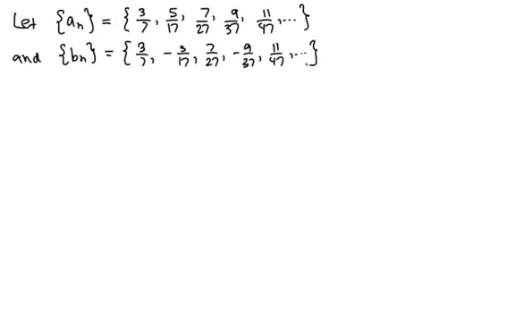Let's let a sub n be the sequence 3/7, 5/17, 7/27, 9/37, 11/47, and so on, and b sub n be the exact same sequence except alternating in sign. And let's compute the limit of the sequence a sub n and the limit of the sequence b sub n.